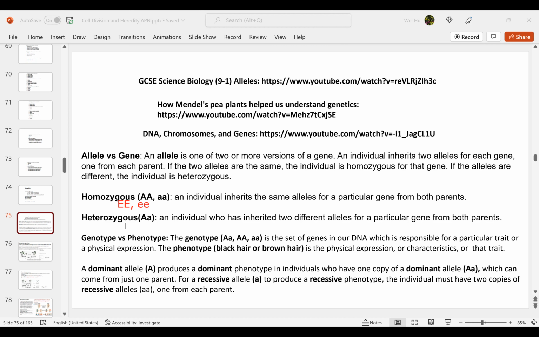So the heterozygous for this one. For the genotype for this wax, you have three types, right? So you have three types, the combinations of alleles.